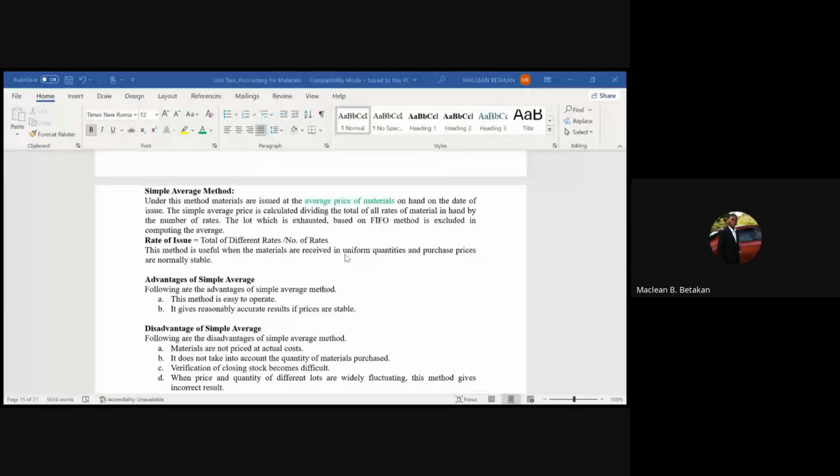So be careful with your numbers. You are in accounting class, so don't joke with numbers, errors in numbers. Because 33 divided by 3, you know, 3. So work on 10.5.